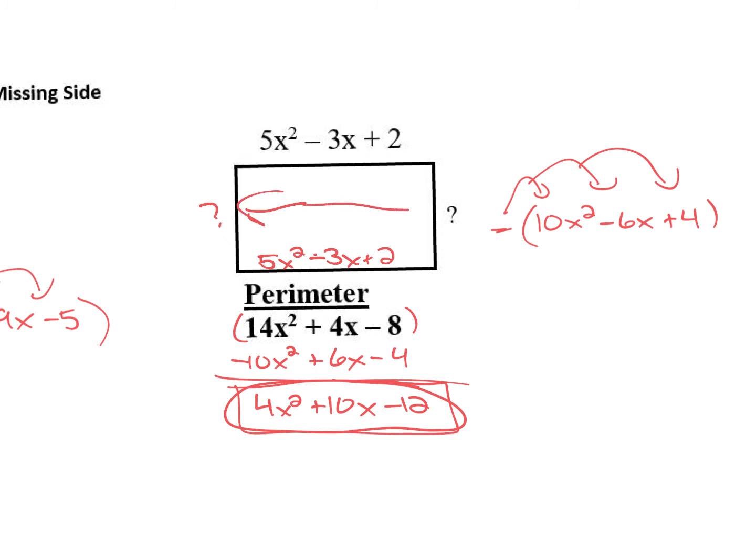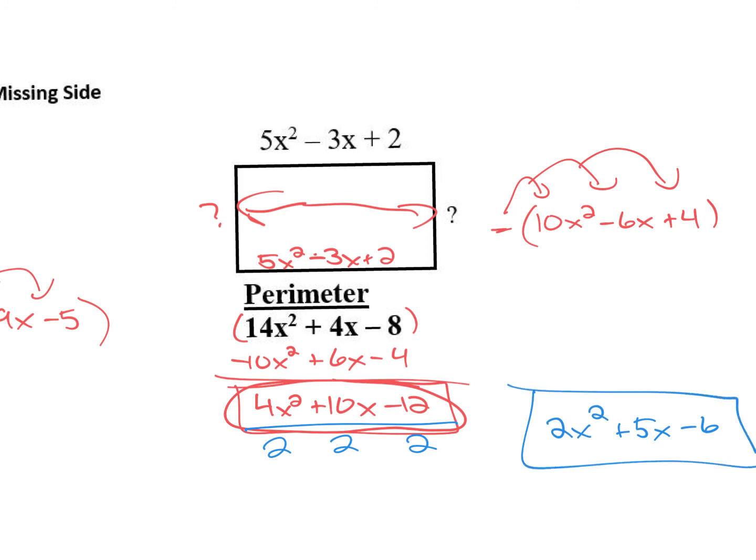Remember, that would represent what both sides equal. If we only want one side, we still need to come back and divide everything by 2. That way we could say, well, 4 divided by 2, 10 divided by 2, and negative 12 divided by 2. Now we have our answer of one side.